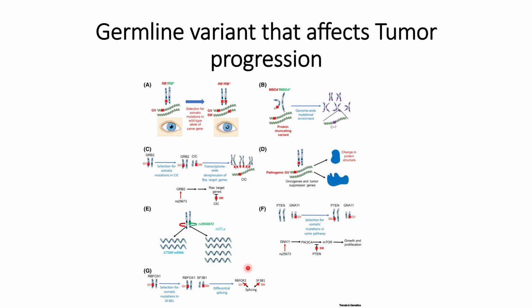So these are the kinds of variations that might be caused by germline variants in the tumor cells, or cells close to the tumors, that will promote tumor progression.